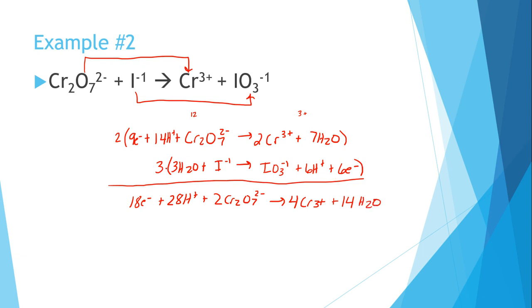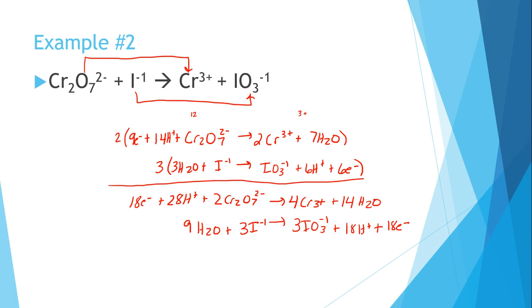Then we're going to distribute my 3 here. So we're going to notice that I have 9, because 3 times 3 is 9, H2Os plus 3 iodines, 3 iodates, plus 18 hydrogen, plus 18 electrons.